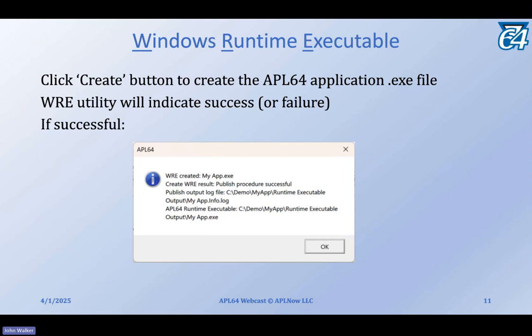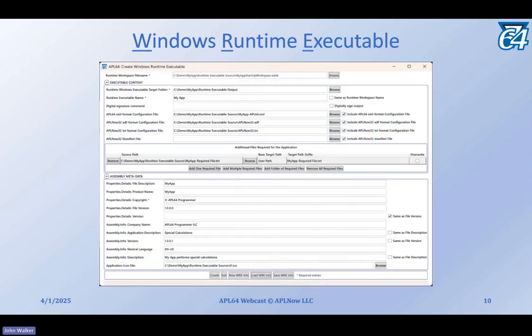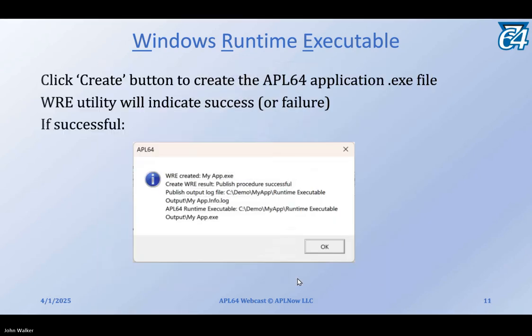Okay, so once you've got all the information in the WRE utility, when you click on the Create button, if it is successful, you'll get a dialog that looks like the following.